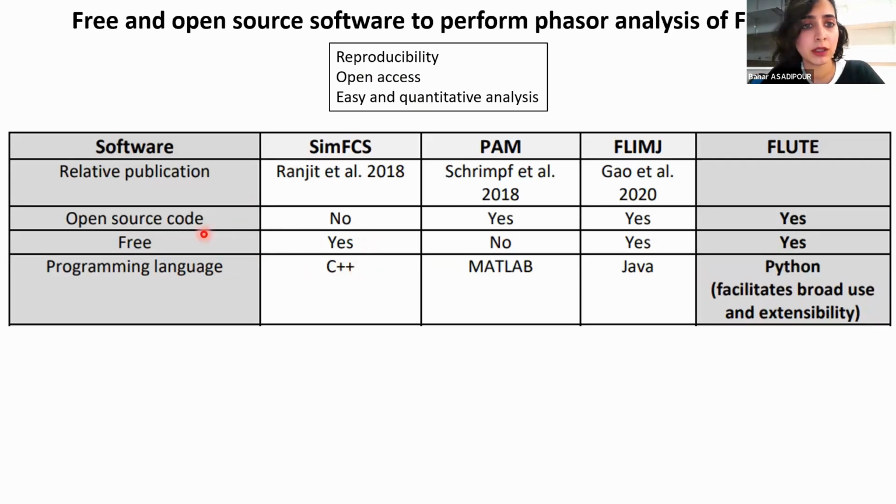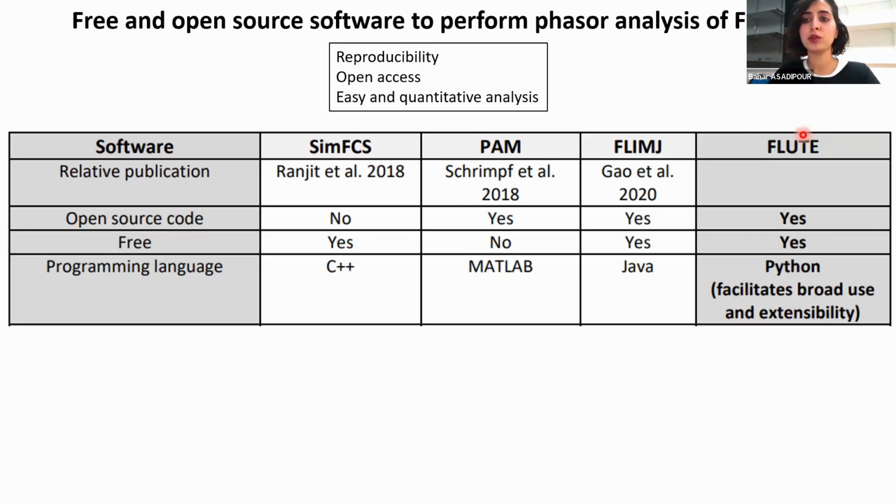It is free, but the source code is not open. We also have PAM in MATLAB, which is not free because of MATLAB, but it's open source. The code is open, and you can see it and change it according to your needs. And then we have FLIMJ in Java, which is open source and free.